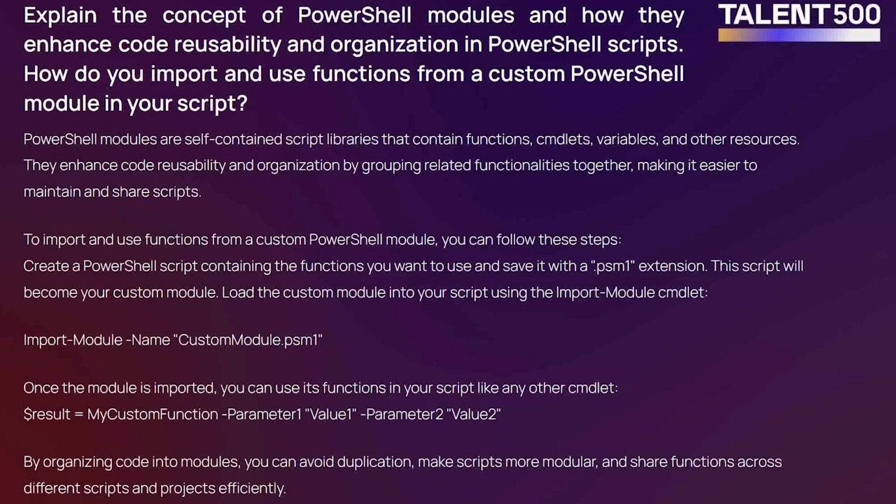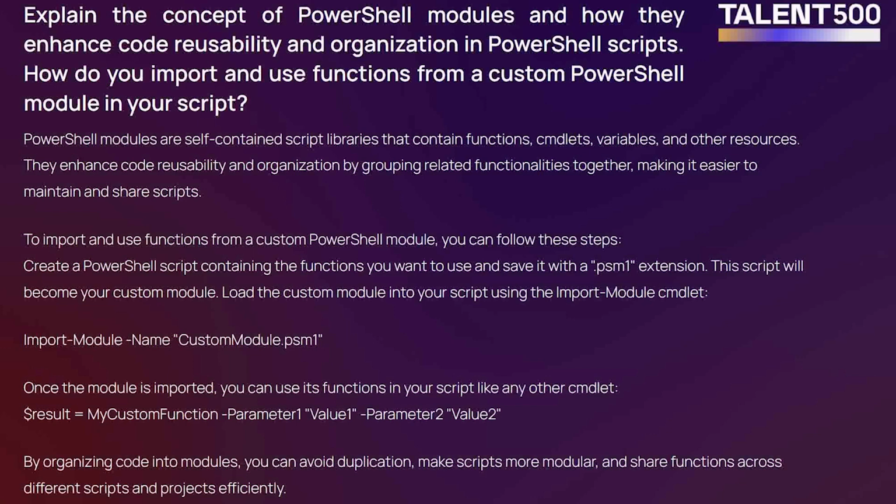Moving on to our last question for today. Explain the concept of PowerShell modules and how they enhance code reusability and organization of PowerShell scripts. How do you import and use functions from a custom PowerShell module in your script? This is somewhat similar to what we have discussed earlier, but we'll repeat it again. PowerShell modules are self-contained script libraries that contain functions, cmdlets, variables, and other resources. We have already discussed it in previous slides.